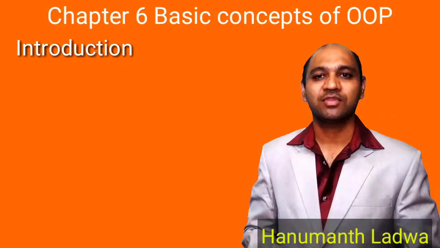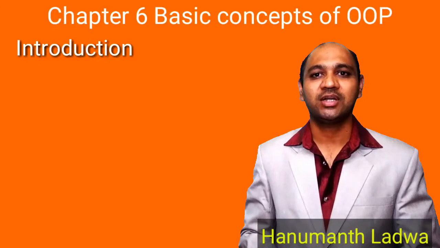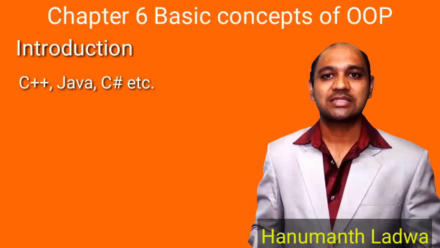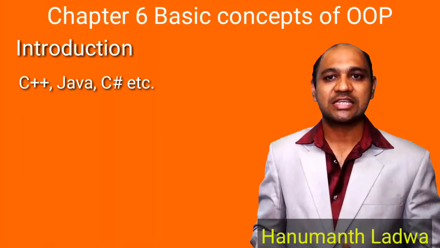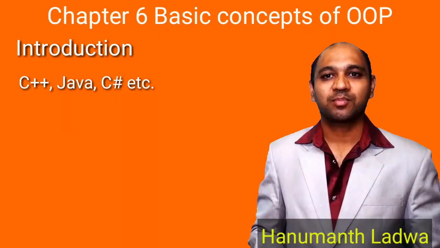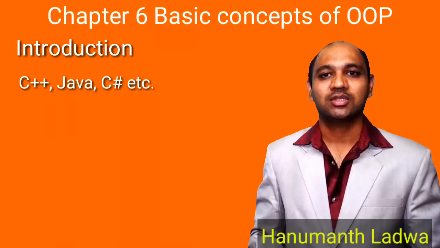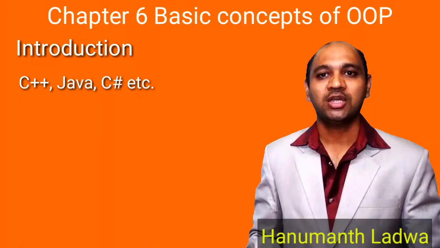Let us take some of the programming languages that use the object oriented programming concept: C++, Java, C#, and so on. In the C++ programming language, the problems are decomposed into a number of components called objects.